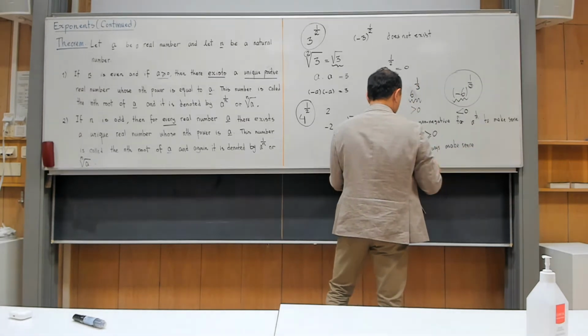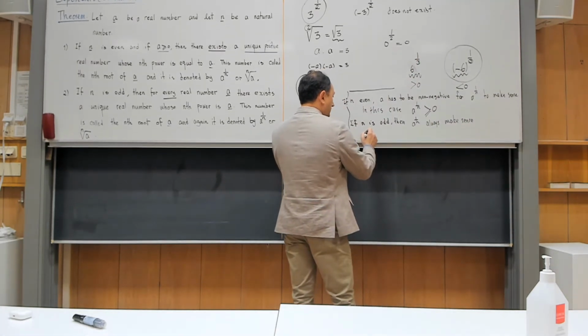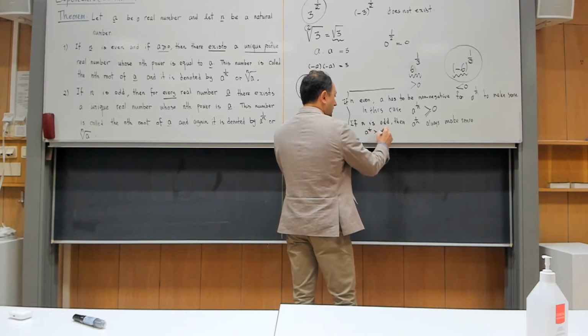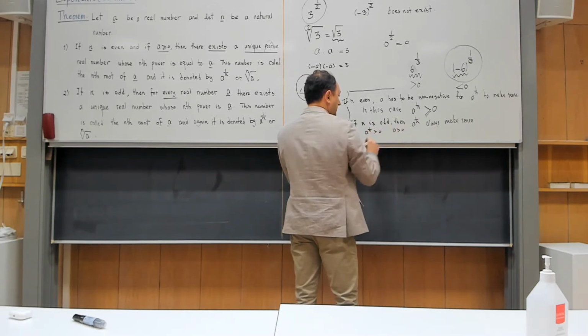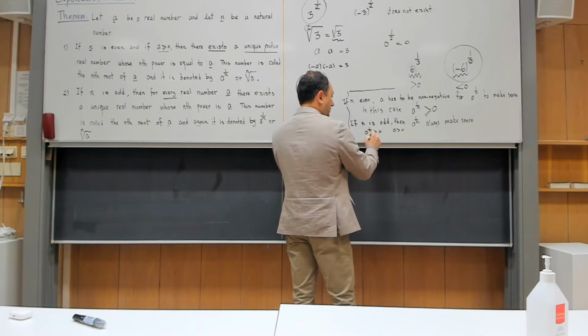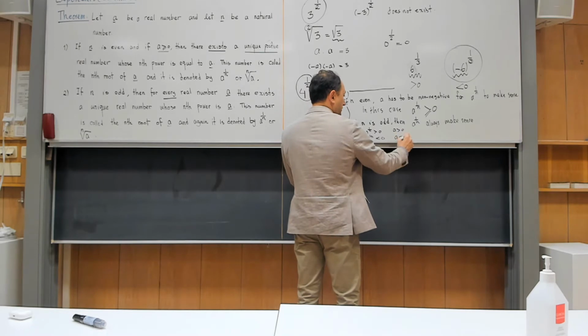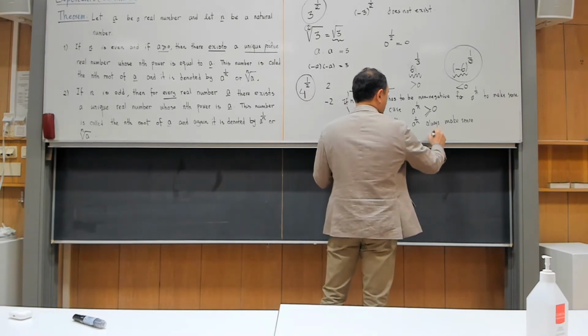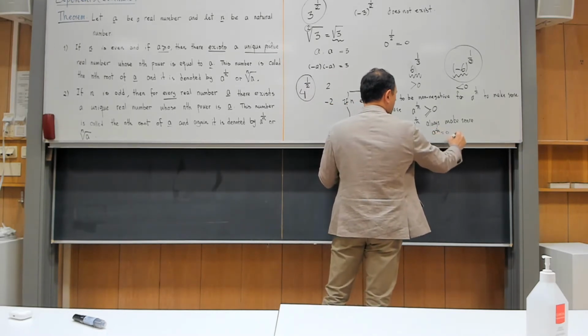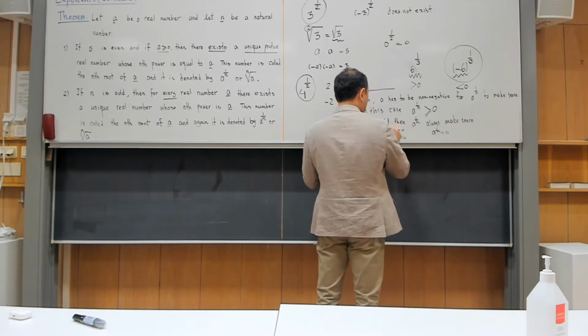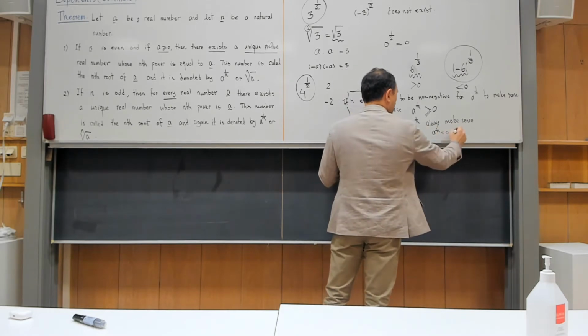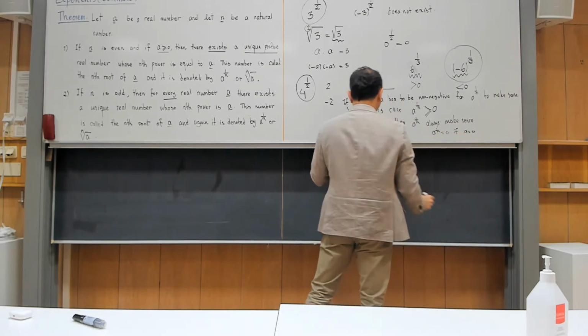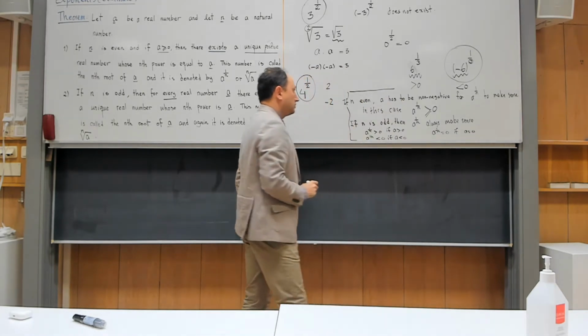And a to the power of 1 over n is positive if a is positive, negative if a is negative. And, of course, a to the power of 1 over n is 0 if a is 0. Okay? So this is the summary that I want you to have in mind.